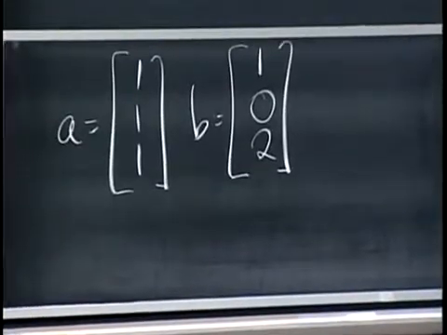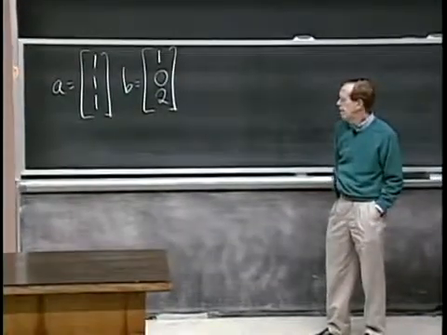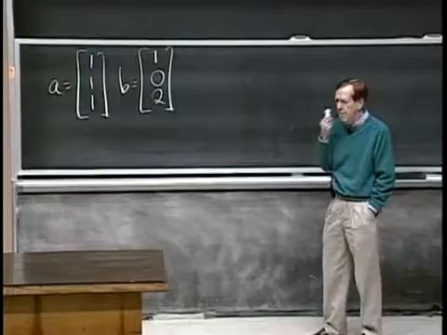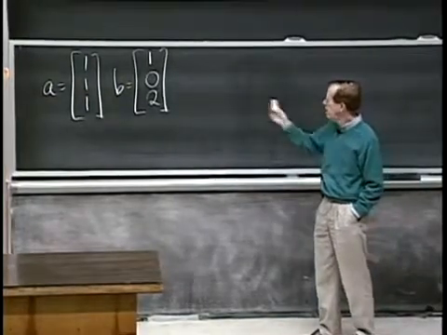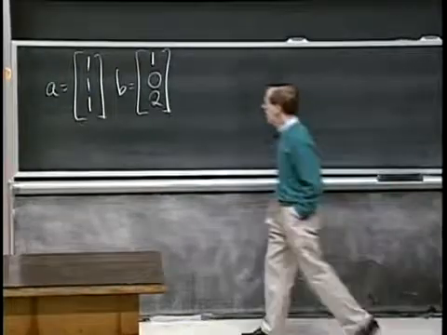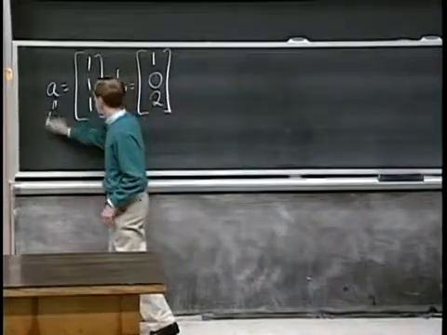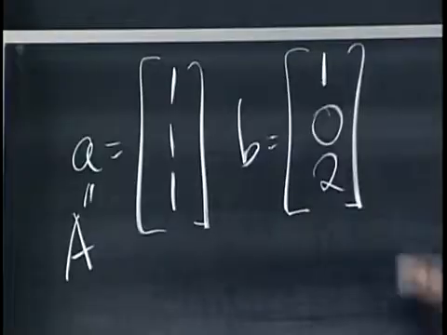I didn't want to cheat and make them orthogonal in the first place, because then Gram-Schmidt wouldn't be needed. Okay, so those are not orthogonal. So what is capital A? Well, that's the same as big A. That was fine. What's B?